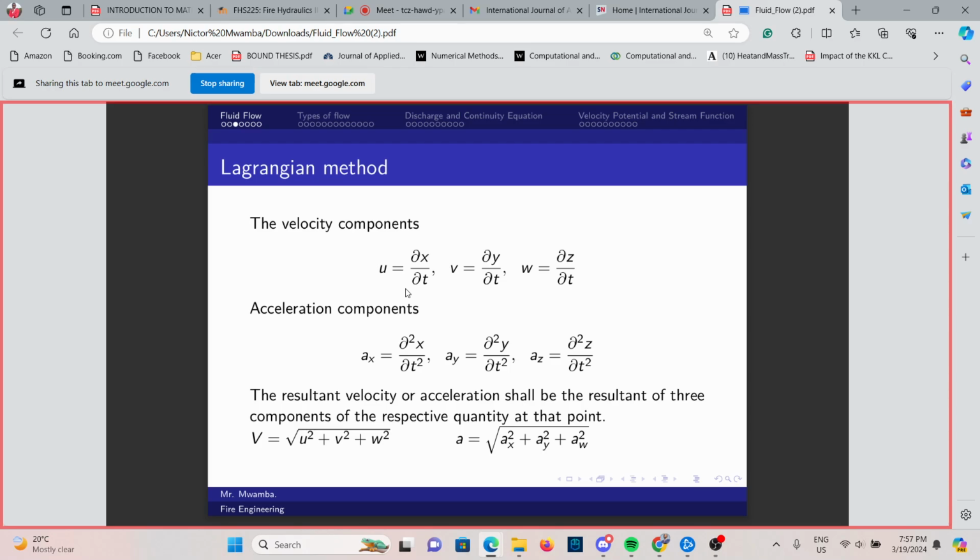The same can be thought about when it comes to a fluid particle. As it is moving along the fluid body, it can be moving a little bit along the x-axis, a little bit along the y-axis, and a little bit along the z direction, moving up and down.